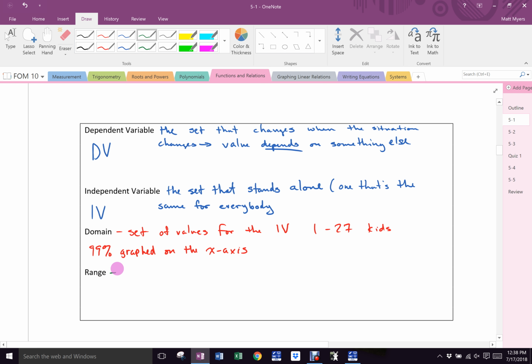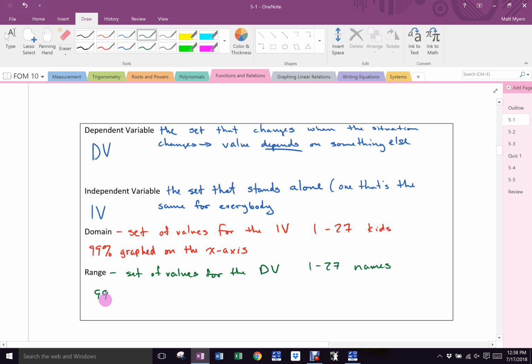The range is then the set of values for the DV, and there would be 1 to 27 names.